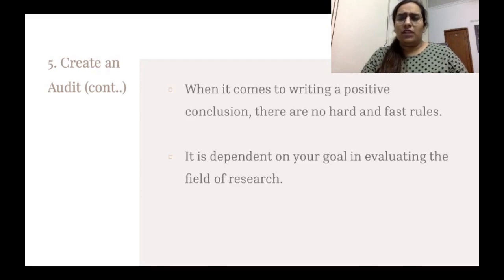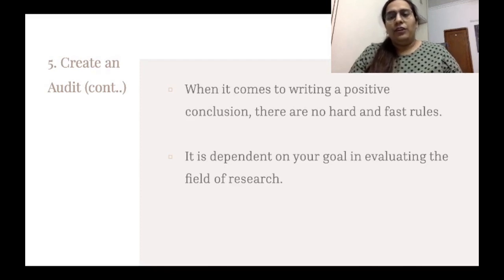And the conclusion part is basically what I am going to use in my research. So this part would be a very easy conclusion for people to understand.